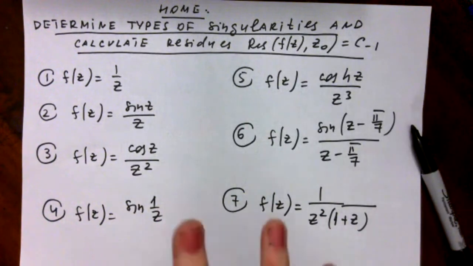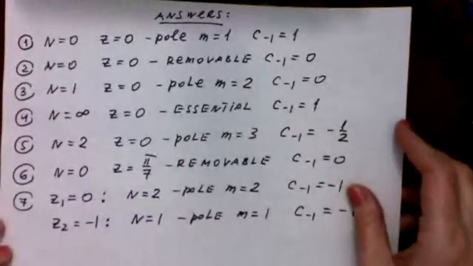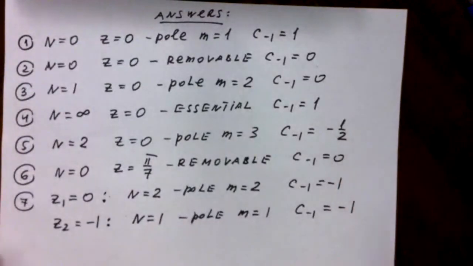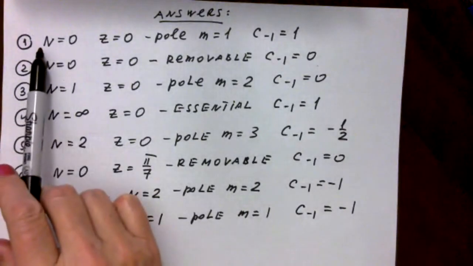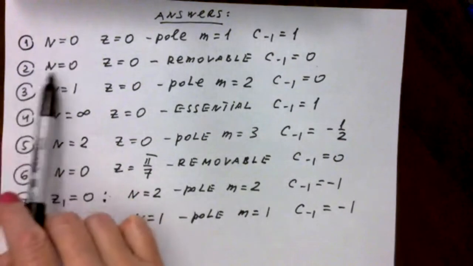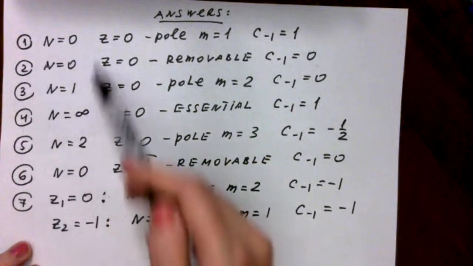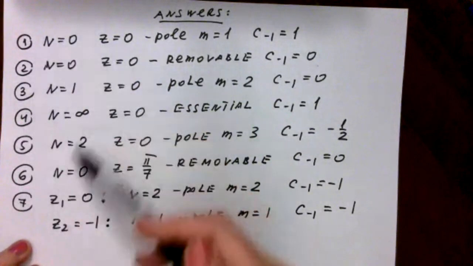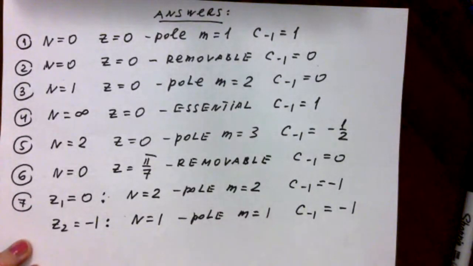So as usual, try to stop this video, try to pause it before looking at the answers. And now the answers are here. To make your life a little bit easier, I even wrote the number of terms in the principal part for you, even though usually you are not asked to do it, but I just did it for your convenience. So these are your answers.